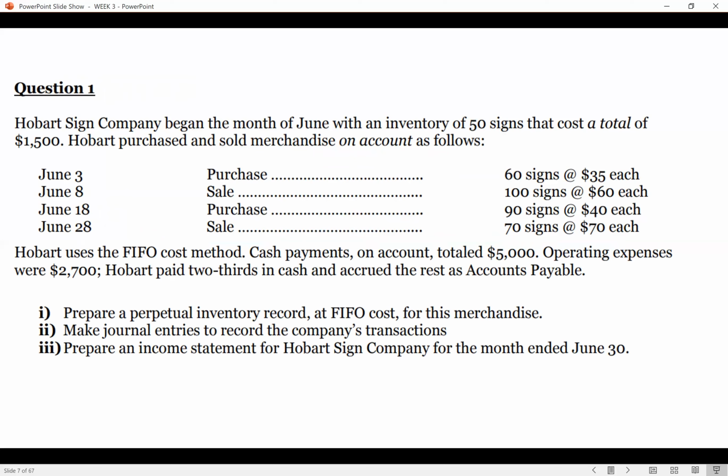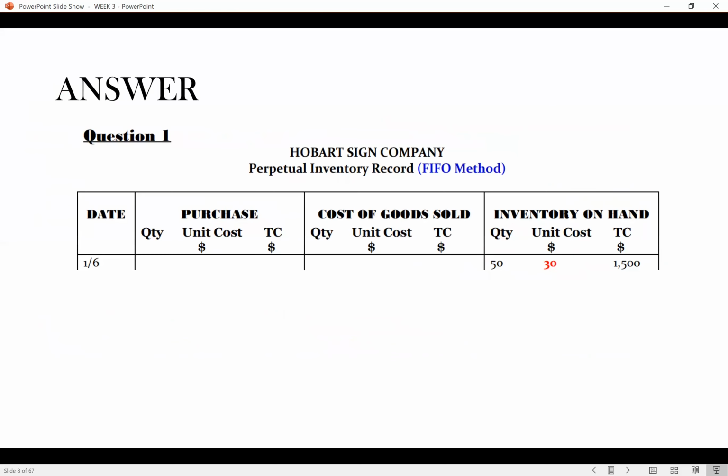So going back to the question, right? We know we started purchasing on June 3rd. However, this is a business that has been going on for some time. So it has what? Beginning inventory. And in this case, we began the month with 50 signs at a total cost of 1,500.